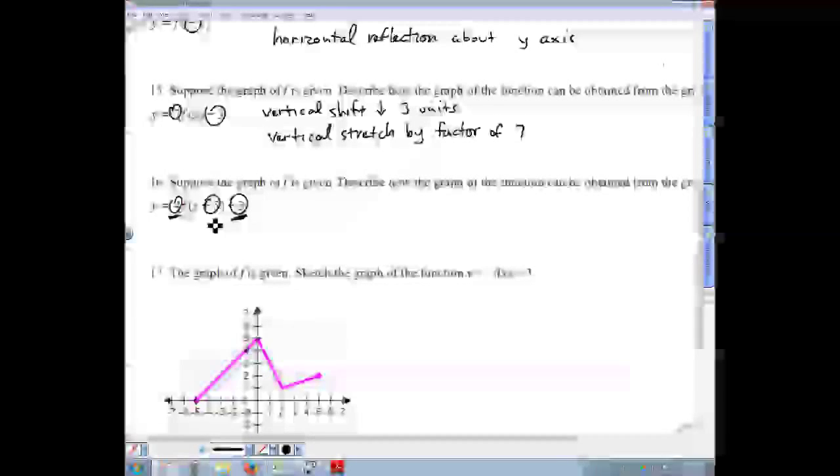But this is a vertical shift to minus 3. Plus 5 is a horizontal shift. So a vertical shift down 3 units. We've got a horizontal shift.